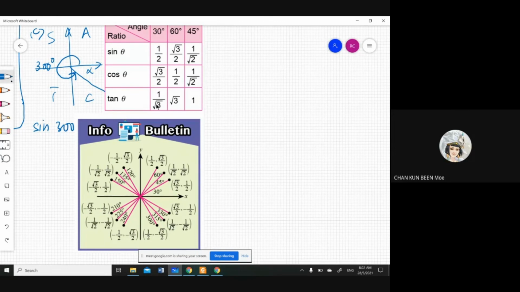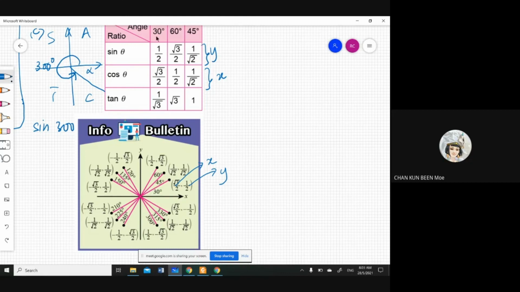Okay, you remember which one represents X coordinate, which one represents Y coordinate? Do you remember? Yes. So which one represents the Y coordinate? Sine theta. Very good, sine theta over here. And then cos theta represents the X coordinate, right? So in order to get the coordinate over here, you refer to the 30 degree.